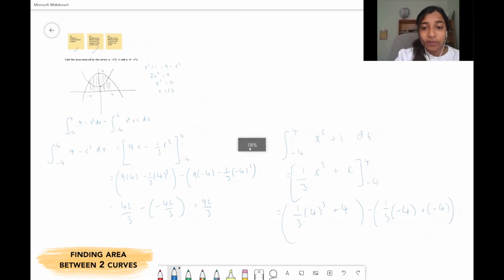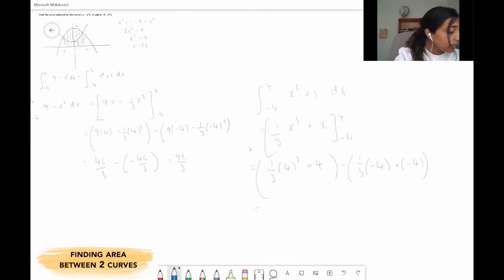And again, if we were to plug this into our calculator, we'd get that's equal to 14 over 3 minus minus 14 over 3. So that's just 28 over 3.